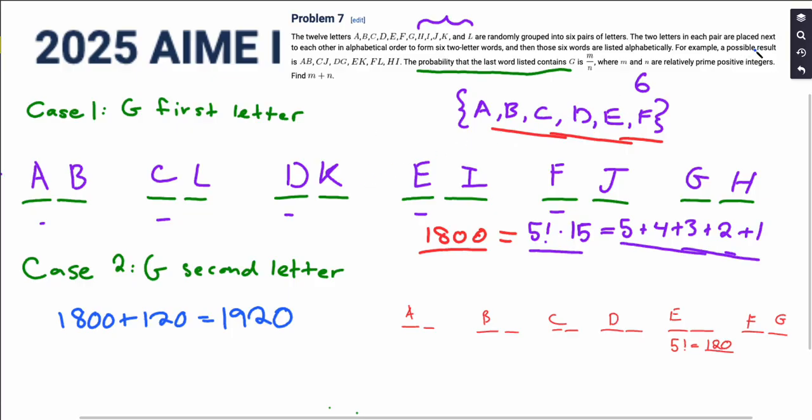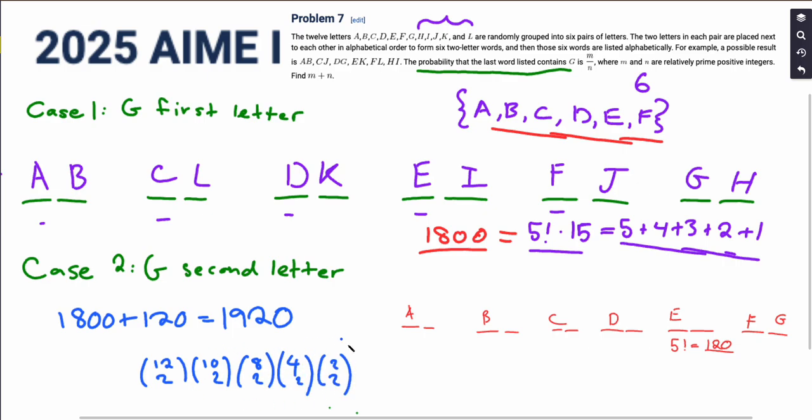Well, let's go back through seeing how we can construct these. So first of all, the 12 letters are grouped into pairs. So as we know, this is the same thing as doing 12 choose 2 times 10 choose 2 times 8 choose 2 times 4 choose 2 times 2 choose 2.